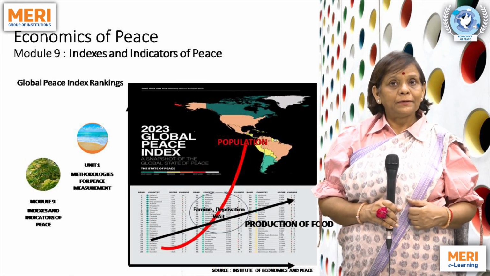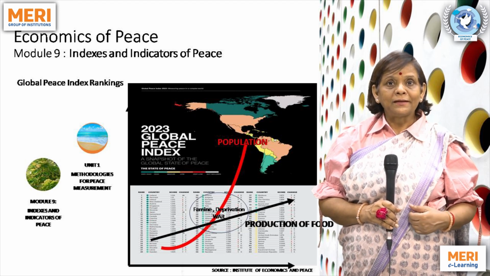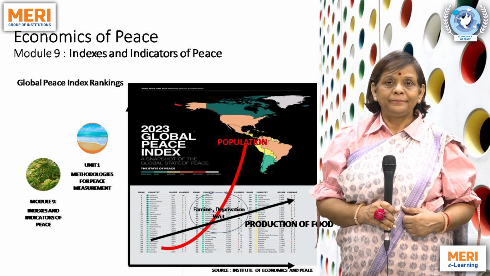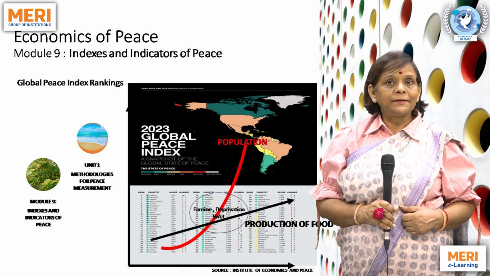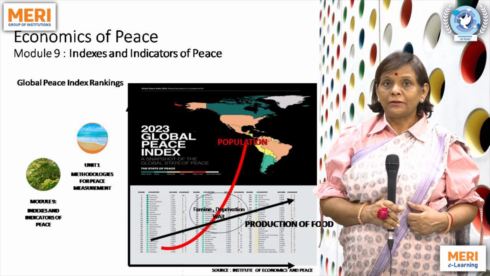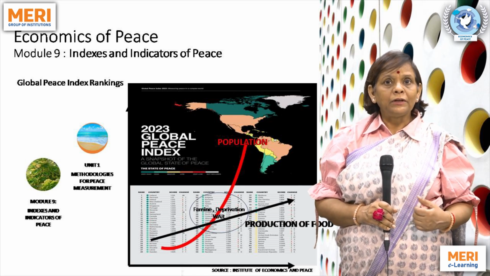Here is a map by the Institute for Economics and Peace presenting the Global Peace Index, which we call GPI. Observe the map and see which countries are the most peaceful and which are not. Do you connect population, resources, and climate issues with peace issues?